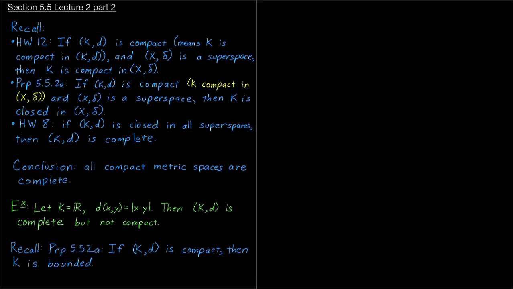Okay, so is that enough? Are all bounded complete metric spaces compact? And the answer, unfortunately, is no. We're going to need a little bit more, but let me give you an example of why this is true.